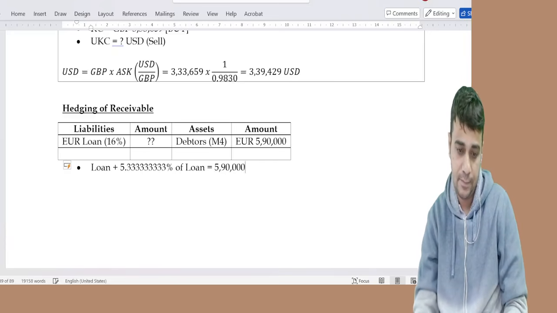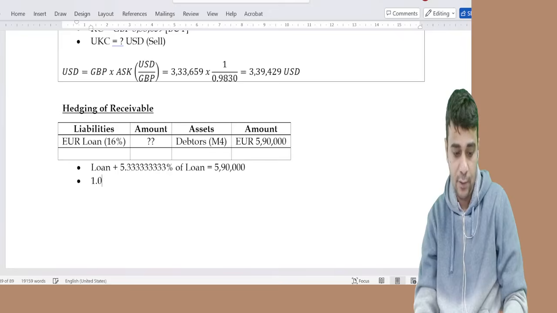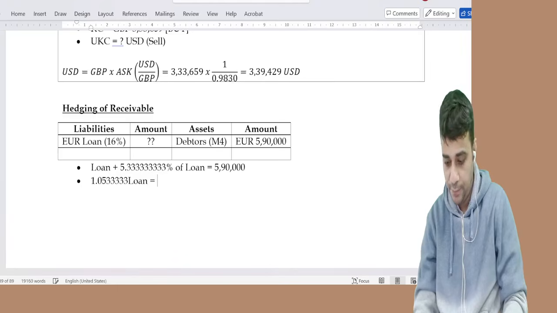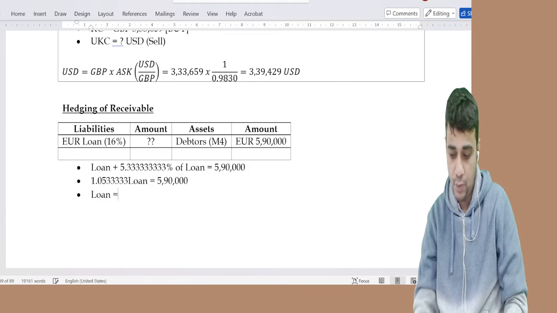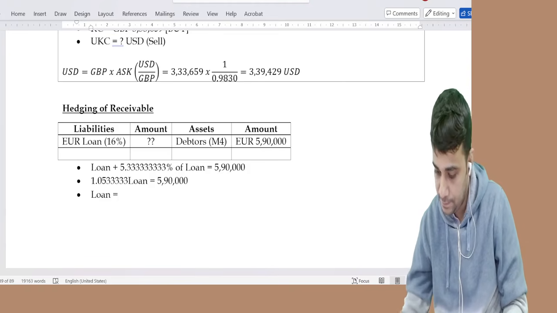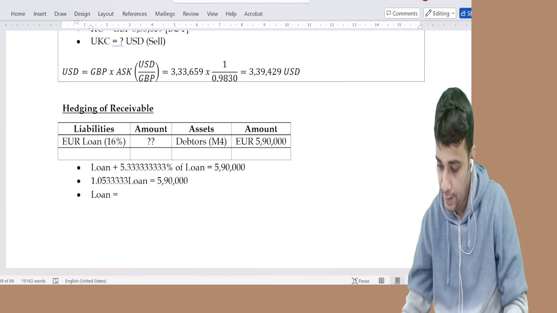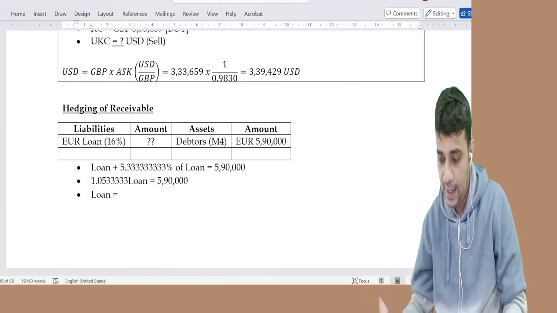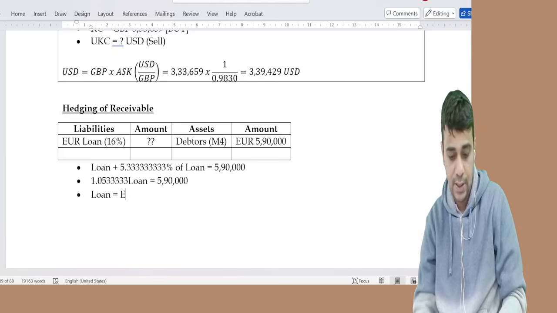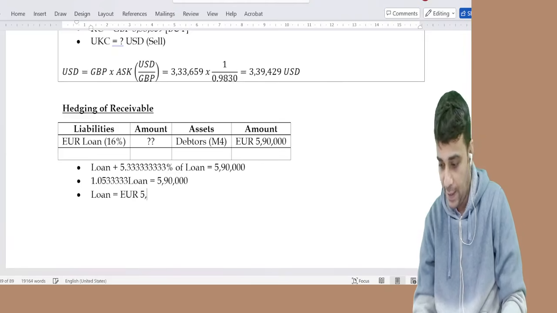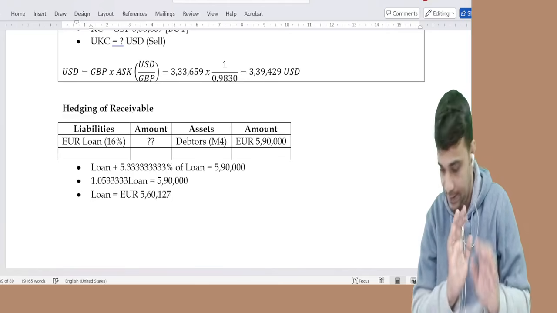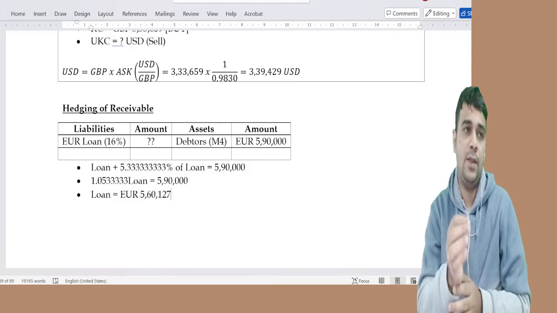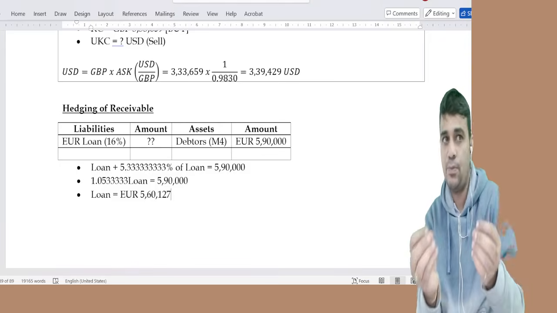1.053333 loan equals 5 lakh 90,000, and the loan amount is, in case you find any error or need any clarification, let me know, euro 5 lakh 60,127. If you do 5.33% only, you may get a small deviation in the answer.